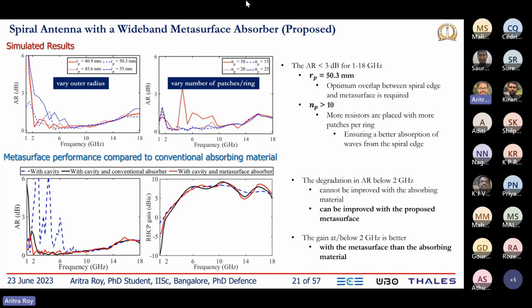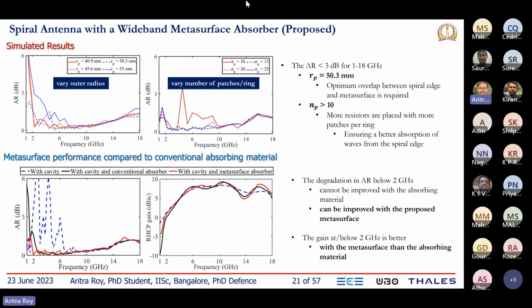Whereas when you use a conventional absorbing material of the same dimension, it does not give an axial ratio less than 3 dB. At the same time, if we look into the RHCP gain at 1 gigahertz, our structure gives a better gain. So the bottom line is our proposed metasurface can give us a very good axial ratio from 1 to 18 gigahertz with a better low frequency antenna gain.